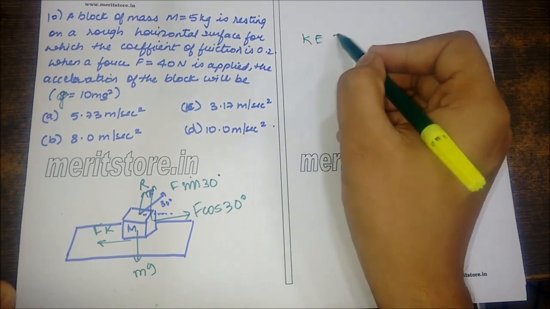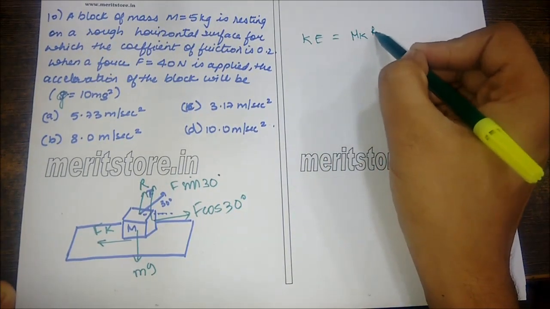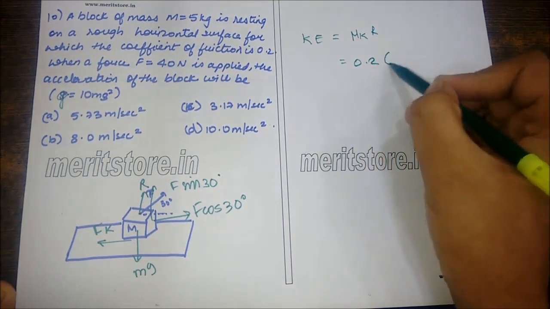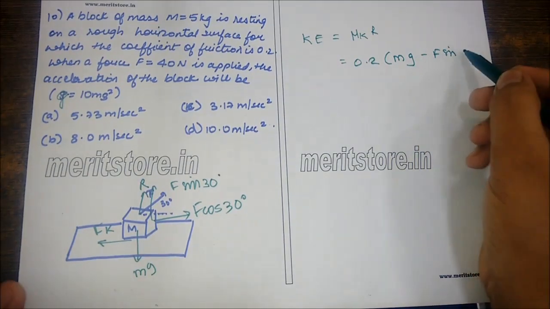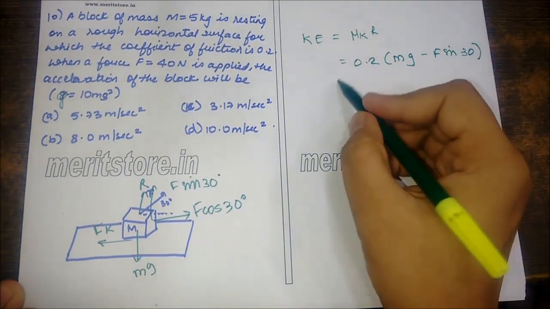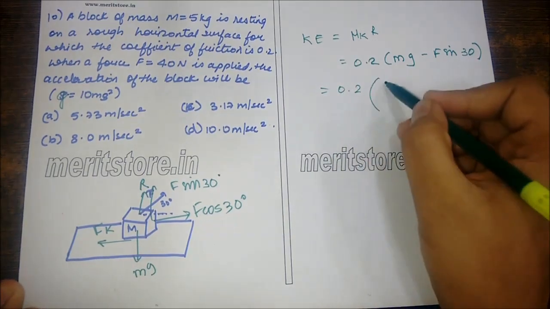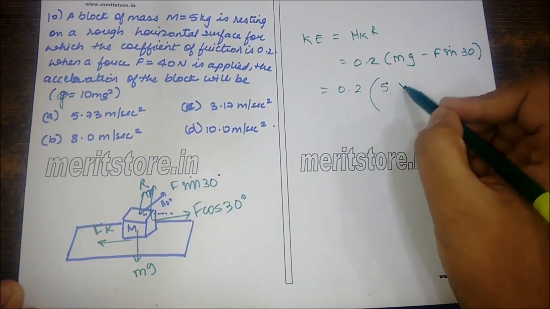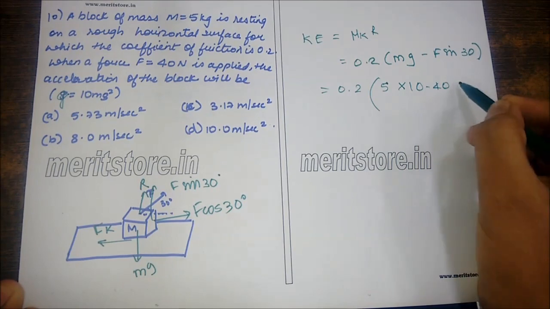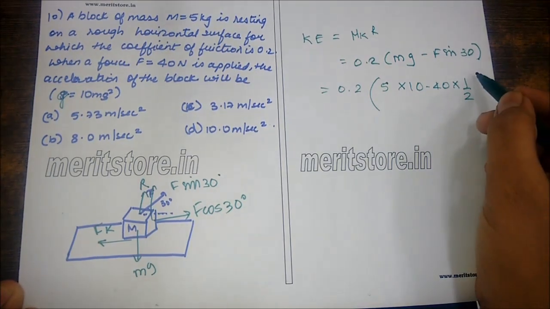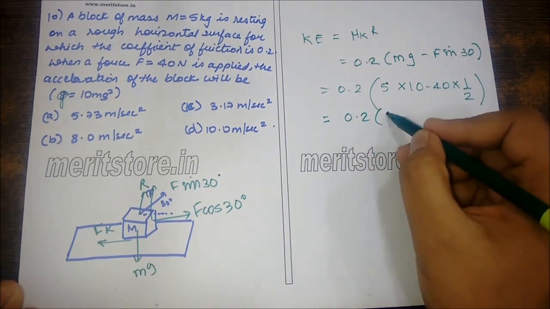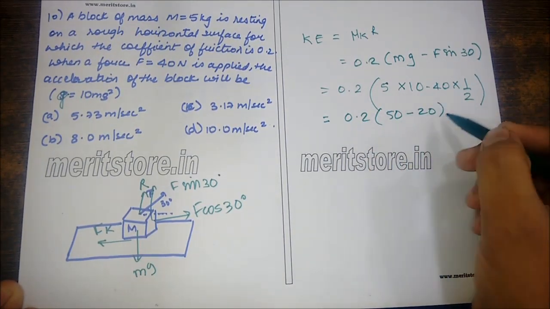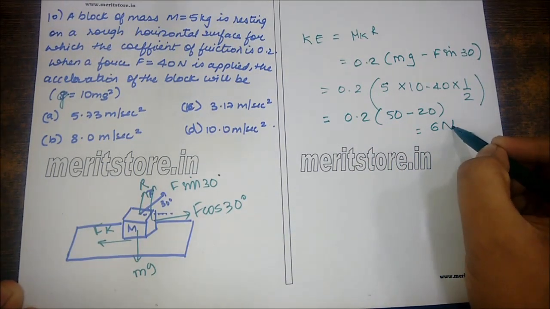Kinetic friction is equal to mu R, which is equal to 0.2 into mg minus F sin theta, sin 30, 0.2 into 5 into 10 minus 40 into 1 by 2, which is equal to 0.2 into 50 minus 20, which is equal to 6 Newton.